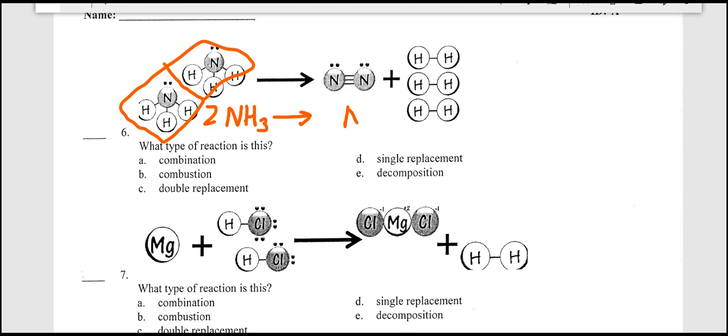Here we have N2 gas, just 1 molecule. And here we have 3 molecules of H2. So notice here we have one thing breaking down or decomposing into 2 things. So we call this a decomposition reaction.